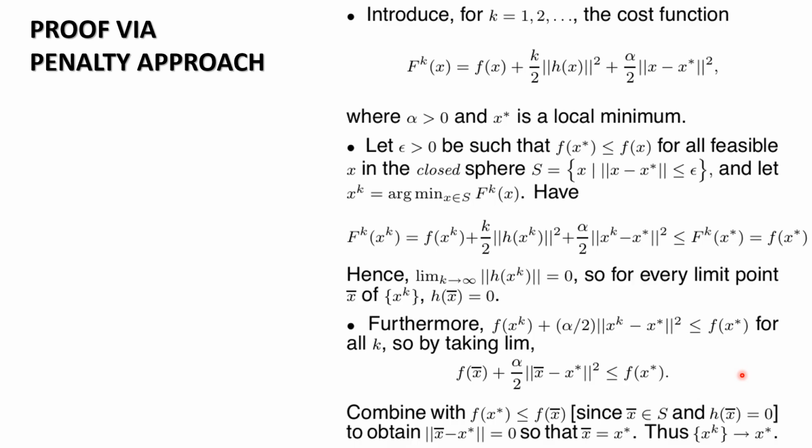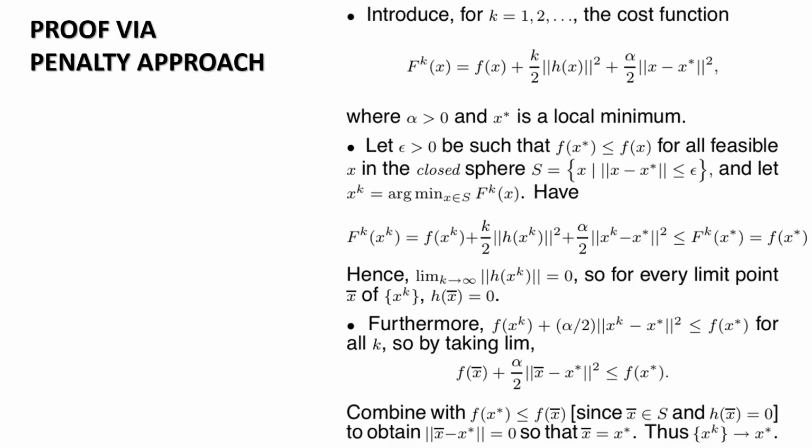Minimizing the penalized function f_k of x in a neighborhood of a local minimum yields points that satisfy that h of x_k tends to 0 and approach x star, demonstrating that x star satisfies the necessary optimality conditions for the equality constraint problems.